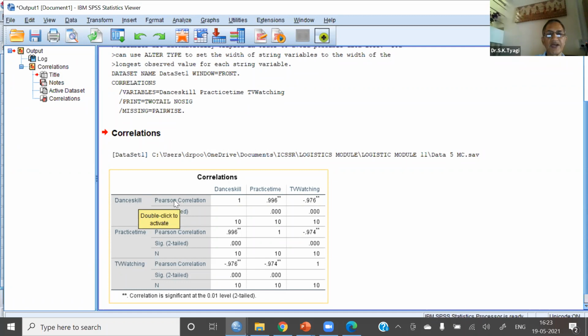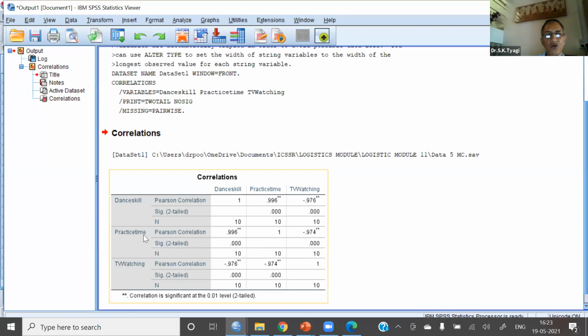The correlation coefficient between dance skill and TV watching is negative. You expect that there will be a negative correlation. The more you watch TV, the less skilled you will be because you are wasting time on TV watching. That correlation is minus 0.976. Whether plus or minus, these two correlations are very high.